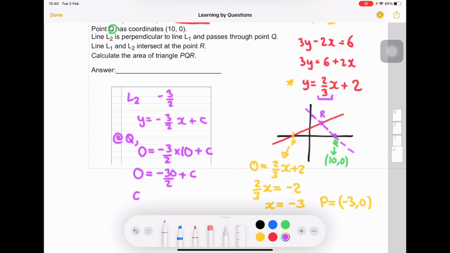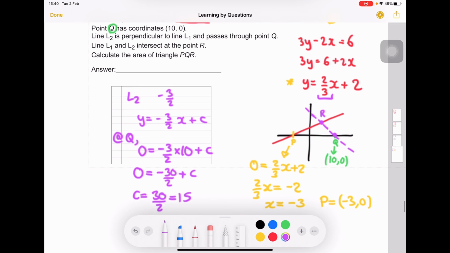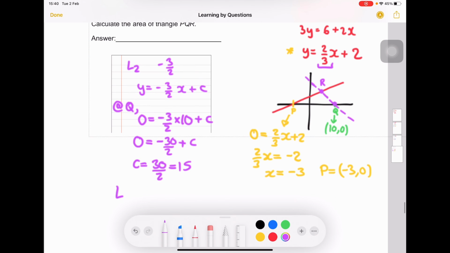and so c has to be 30 over 2, positive 30 over 2 of course. 30 divided by 2 is 15. So the equation for L2 is y equals minus 3 over 2x plus 15. Sorry, I forgot the x.